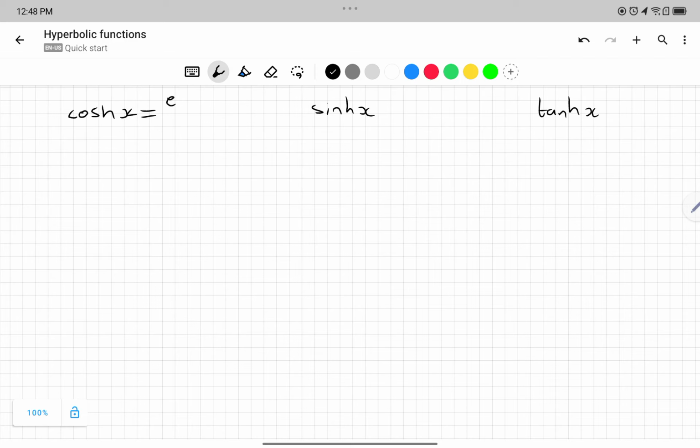So this one you have e to the x plus e to the negative x over 2. Then you have e to the x minus e to the negative x over 2. And this one, sine over cos, so we have e to the x minus e to the negative x all over e to the x plus e to the negative x.